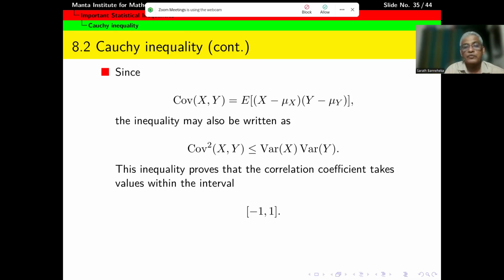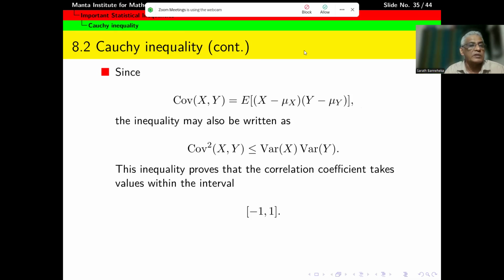If you take the square root of that, you will have the covariance between x and y divided by the standard deviation of x times the standard deviation of y is going to be between -1 and +1, right? If the square is less than or equal to +1, the square root is going to be between -1 and +1, inclusive of those two, right?